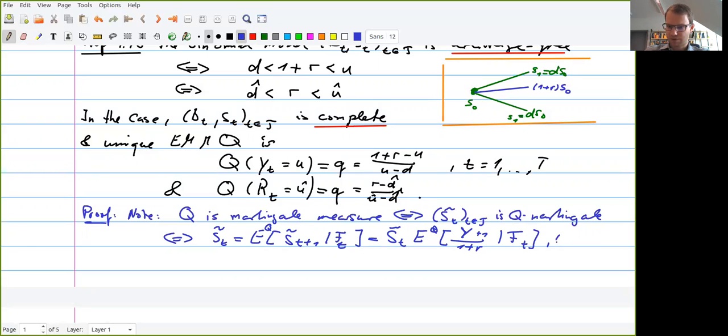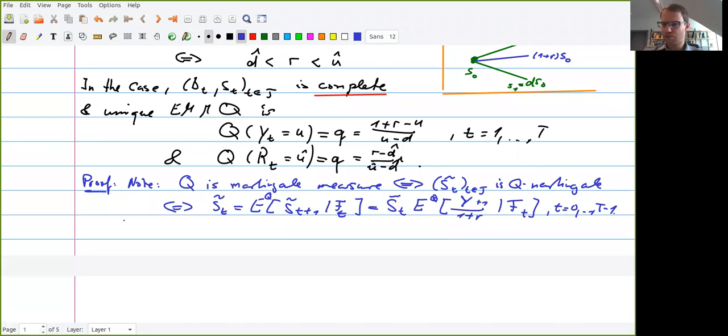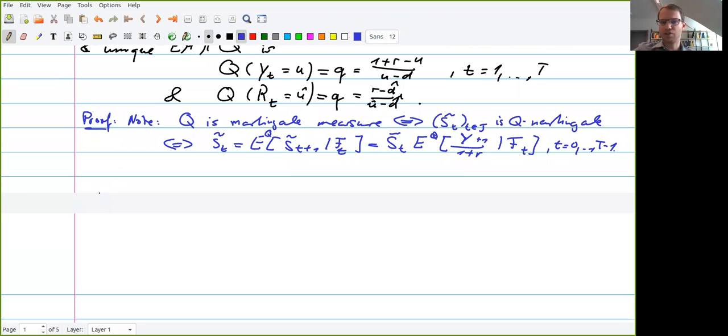And this holds for t equal 0 to T minus 1. This is just recalling what it means for measure Q to be an equivalent Martingale measure. We want an equivalent Martingale measure because we know by the first fundamental theorem of asset pricing that a market is arbitrage free if and only if there exists such an equivalent Martingale measure.